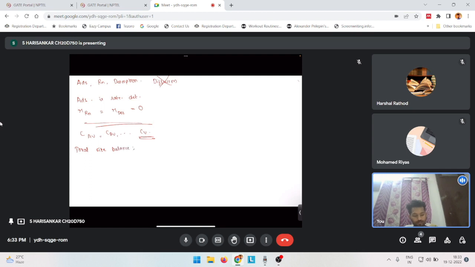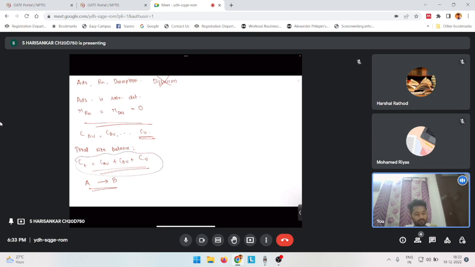The total site balance will be C total equals CAV plus CBV plus C vacant. Now this is just for this very simple reaction, A giving B, right? So this will be the site balance for that.